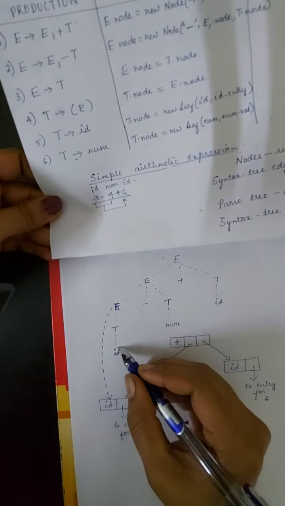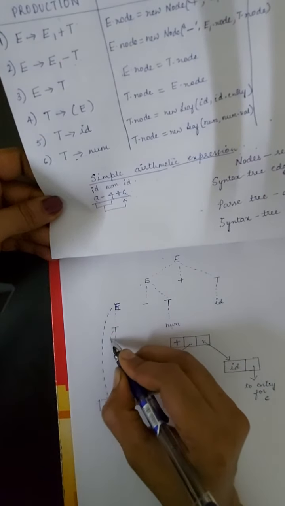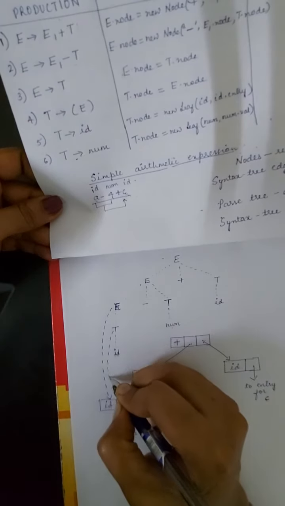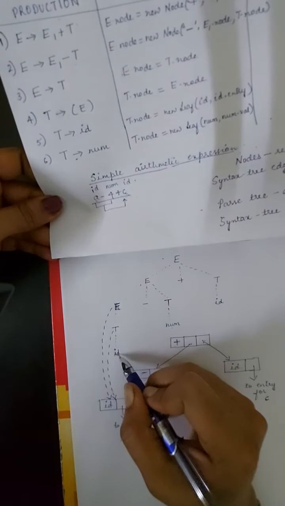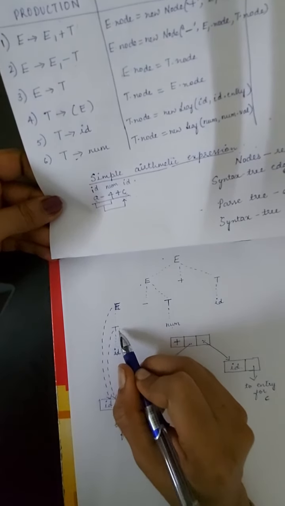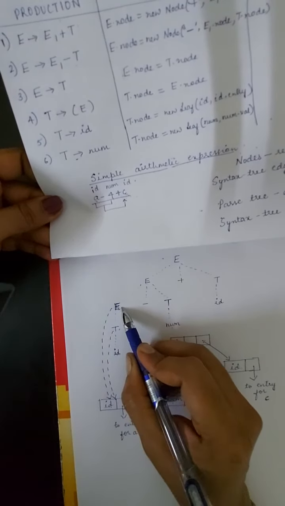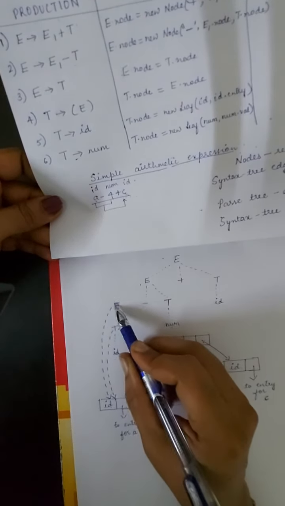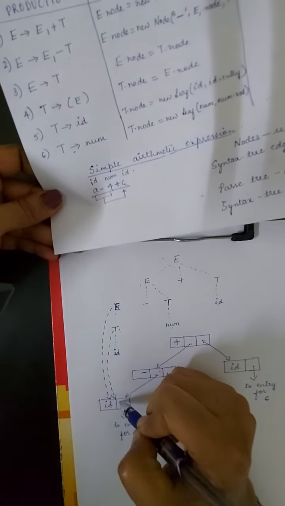Because I am taking the value of ID. Okay, so this also points to this object, right? Because the ID value is sent to T and the attribute value of T is in turn sent to E. That is the reason why these two nodes are pointing to this object.